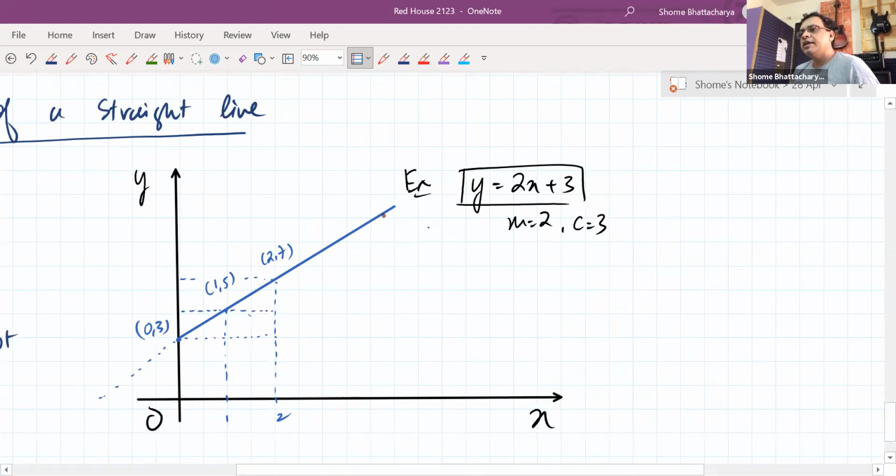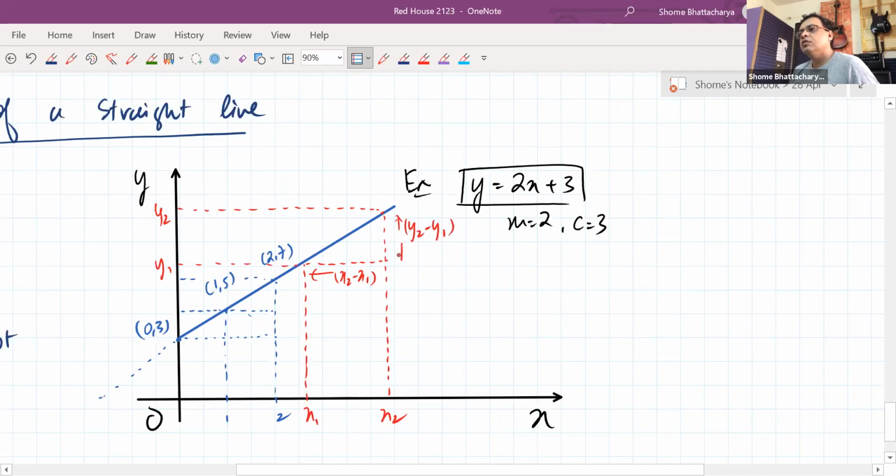Or you take any general triangle which is formed by a base of x2 minus x1 and a corresponding perpendicular of y2 minus y1. Now these triangles are all similar. Whatever this angle theta is, it is the inclination of this straight line with respect to the horizontal.